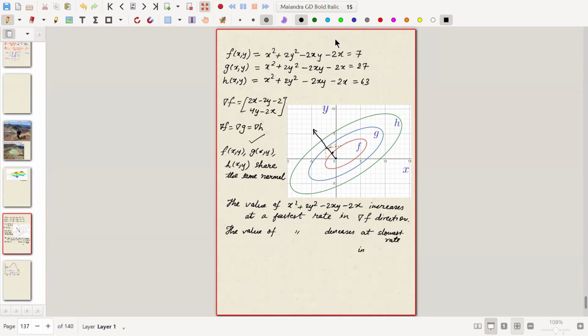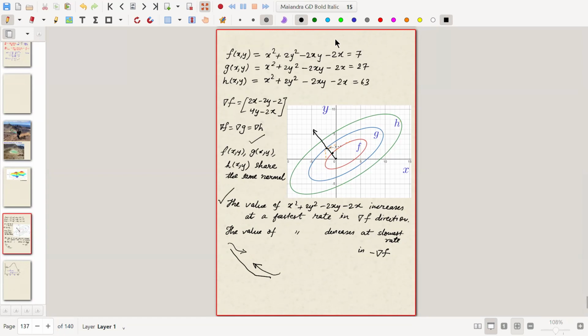If in one direction it is increasing very fast, if you go in the opposite direction, it will be slow. Think of it as a hill. You have a bike and you are trying to go up here, it will be very slow. But the moment you come from this side, it is very fast. The same concept. So in minus of that direction.